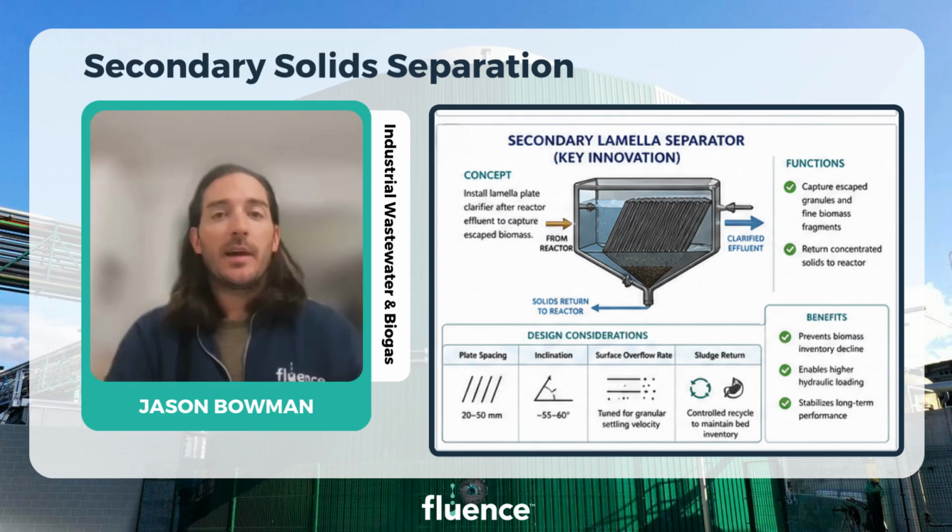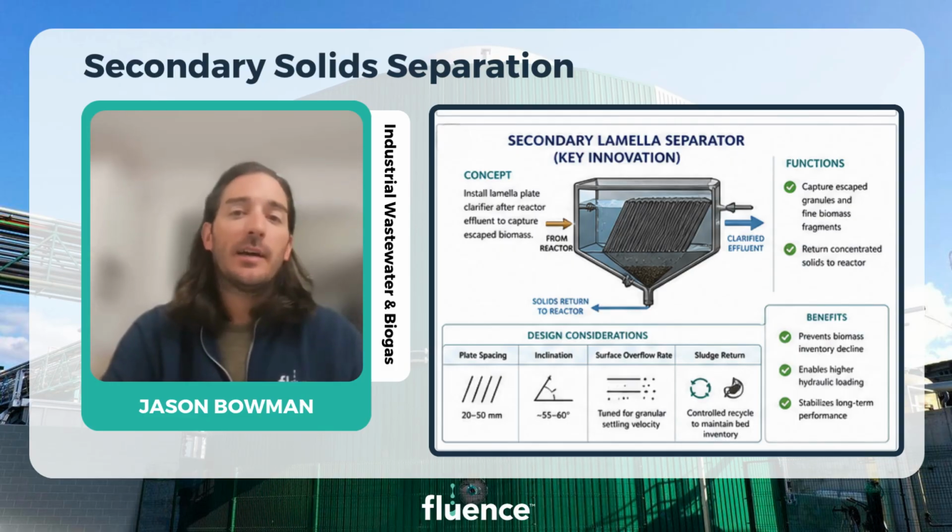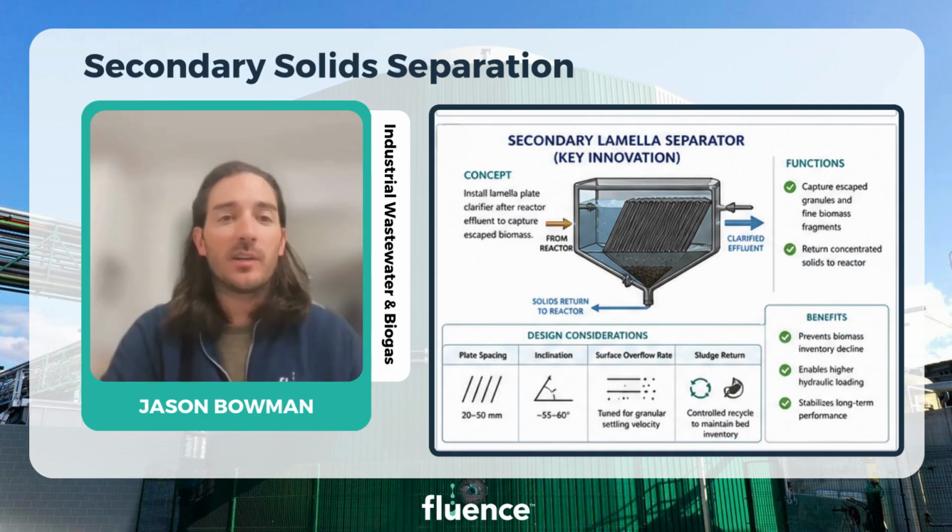Now, I had mentioned our secondary solid separation process in a previous slide, so let's take a closer look at this unit. This slide here highlights our external solids recovery step. This is one of the final key factors in our EFC operation.